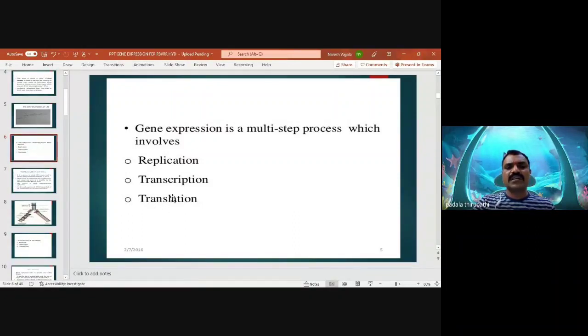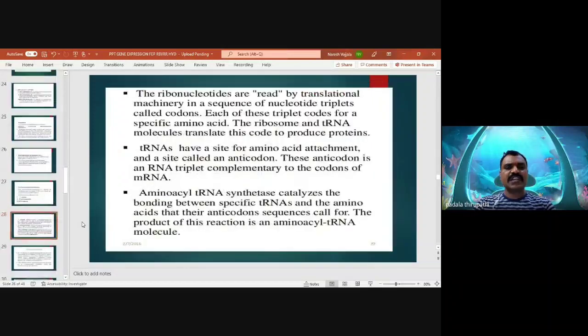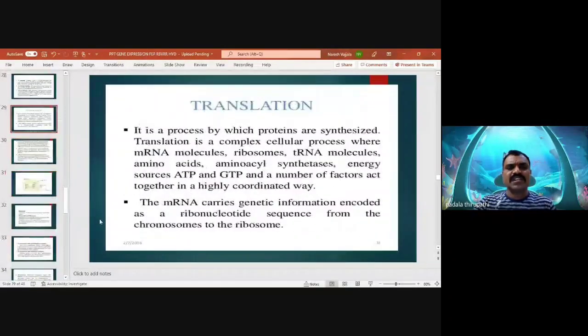Then the third multi-step process is translation. It is the process by which proteins are synthesized, from mRNA to protein.